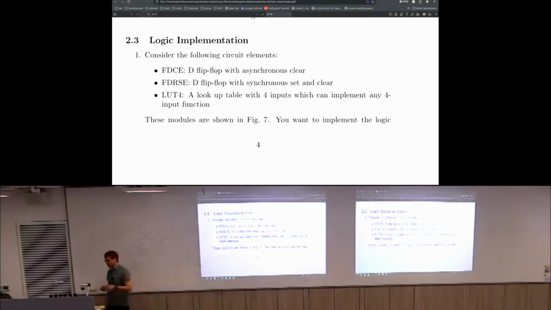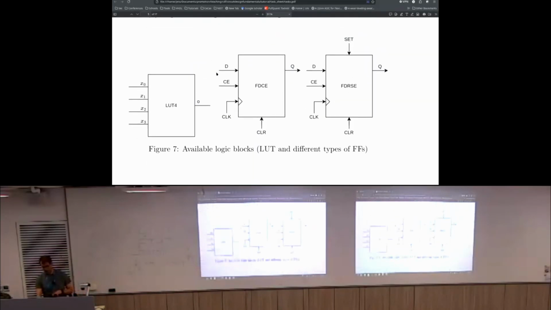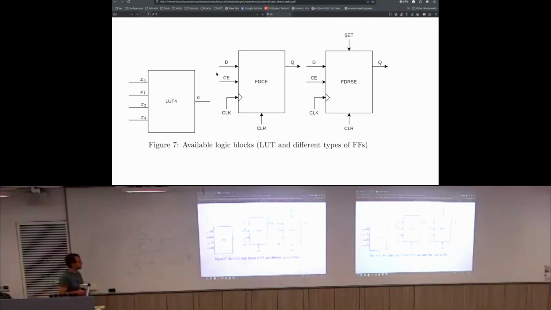There are also some pictures of those two, and the third one is the lookup table of size 4, meaning that it has 4 inputs and it can implement any 4 input function. So how do they look like? These are the components we are allowed to use.